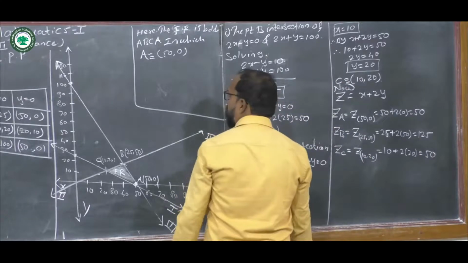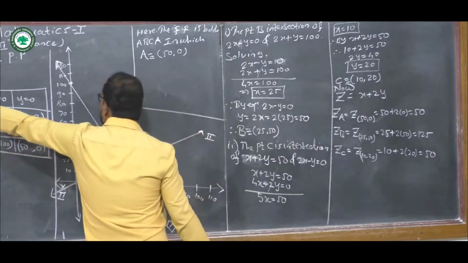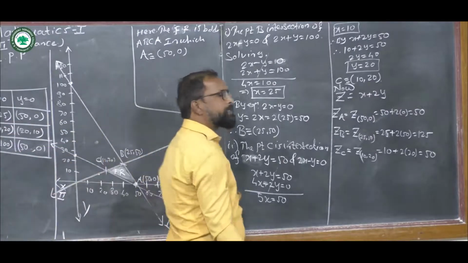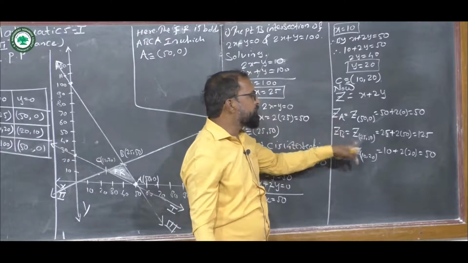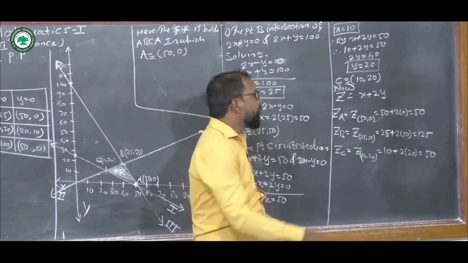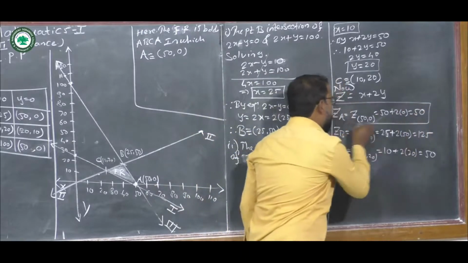Now check, our objective function is to minimize z, and here the minimum value of z is 50, but it is at 2 points.